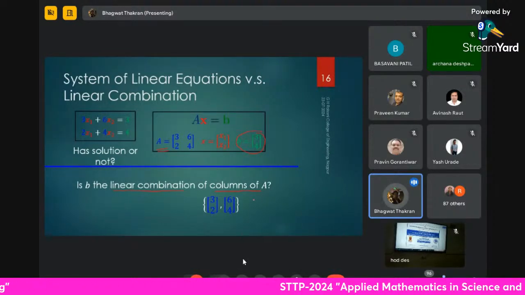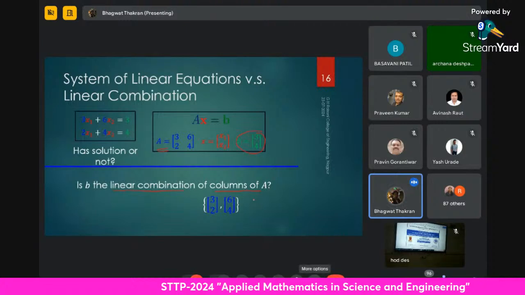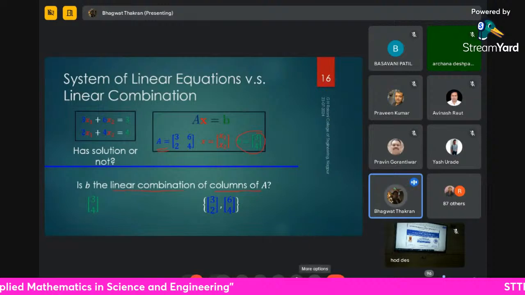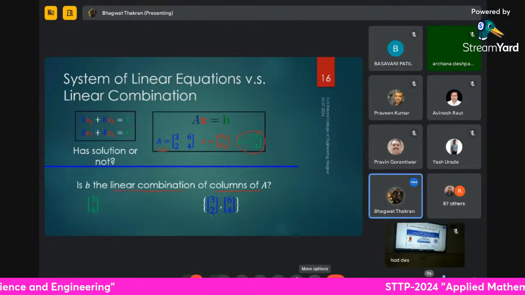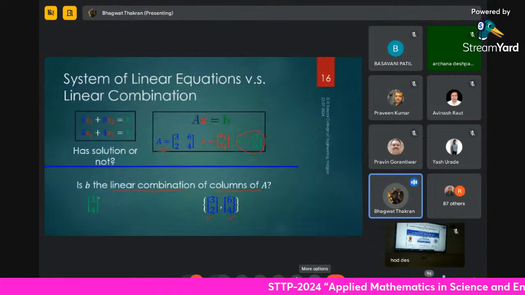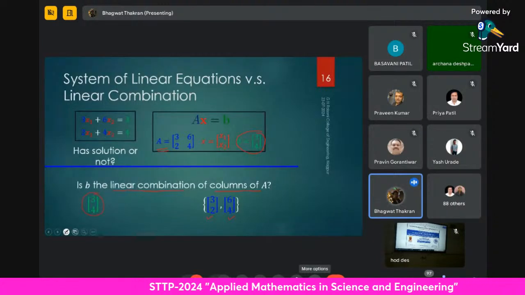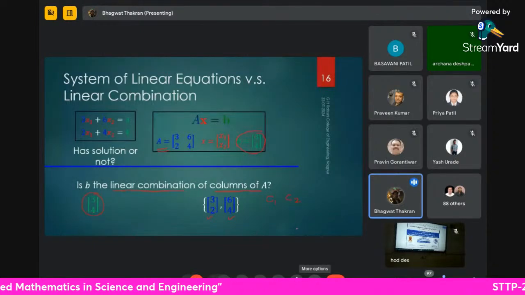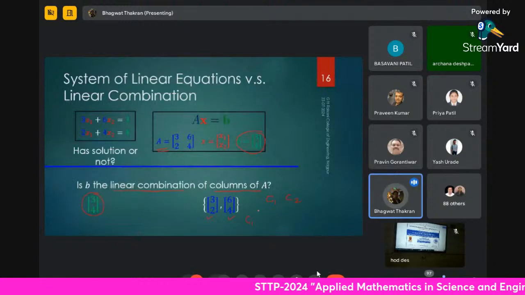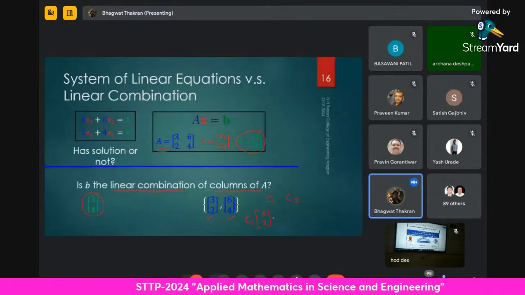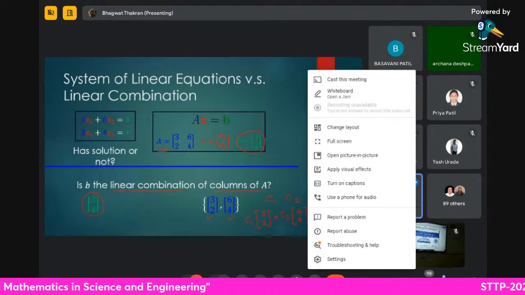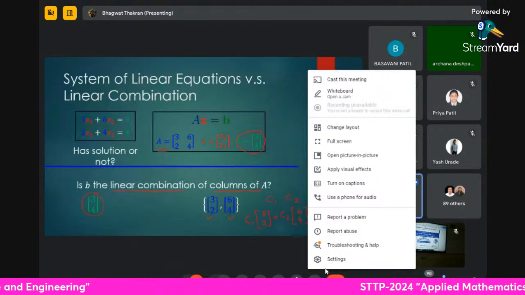So this is my set of vectors [3, 2] and [6, 4], and this is my vector B. The question arises: can I represent [3, 4] as a linear combination of these two vectors? That means if I have two scalars C1 and C2, we need to choose them in such a way that this product plus this product equals [3, 4].